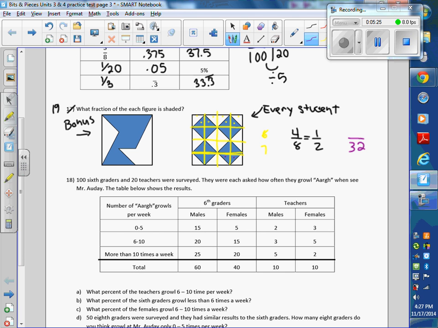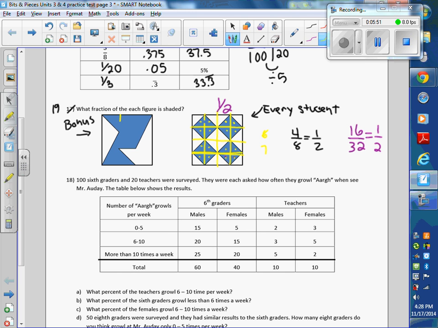And there's 1, 2, 3, 4, 5, 6, 7, 8, 9, 10, 11, 12, 13, 14, 15, 16 out of 32, which is also a half. So the answer to this is a half.